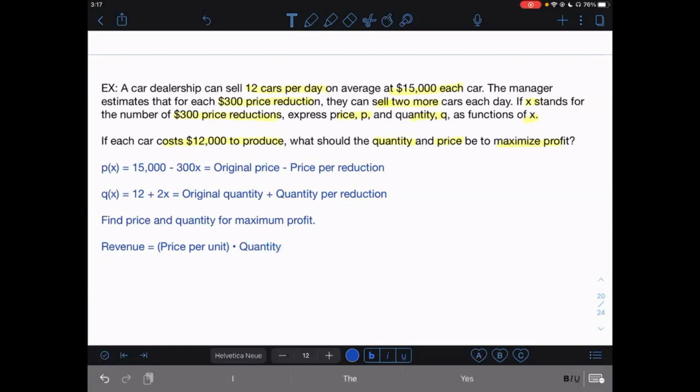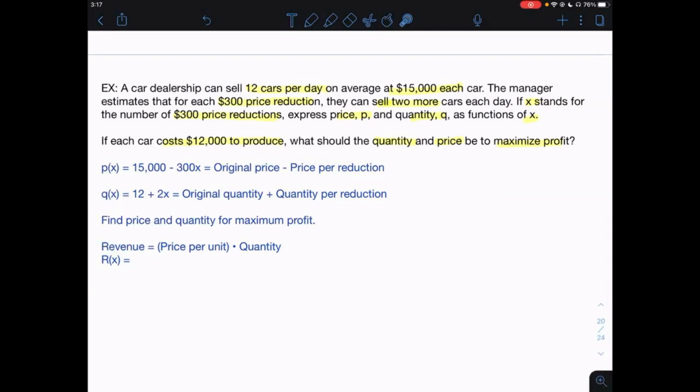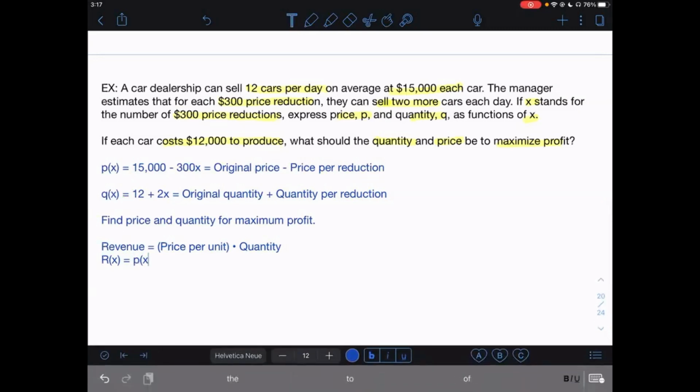In other words, to define R of X, we're going to multiply these two functions against one another. Price function times the quantity function. So P of X times Q of X.